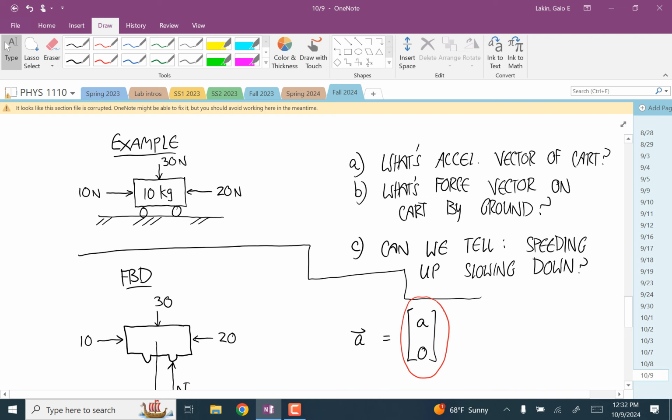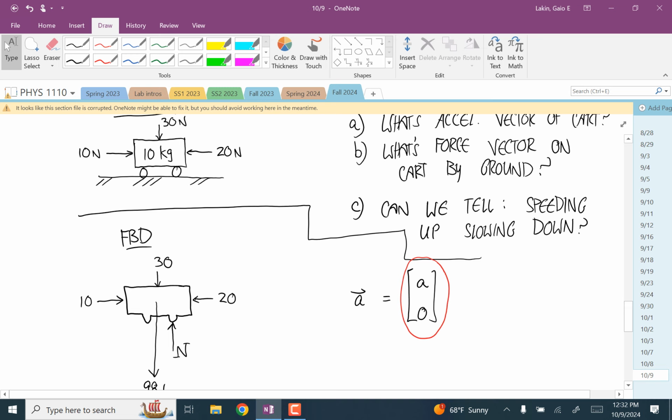Okay, but the thing is, with problems like this, you're normally not given what direction it's moving at that instant because it doesn't matter for the calculation. No matter which way it's moving at that instant, all these calculated values are going to be the same. But there's one kind of problem like this where you are given the direction of motion. That's any time that there's friction in the problem.